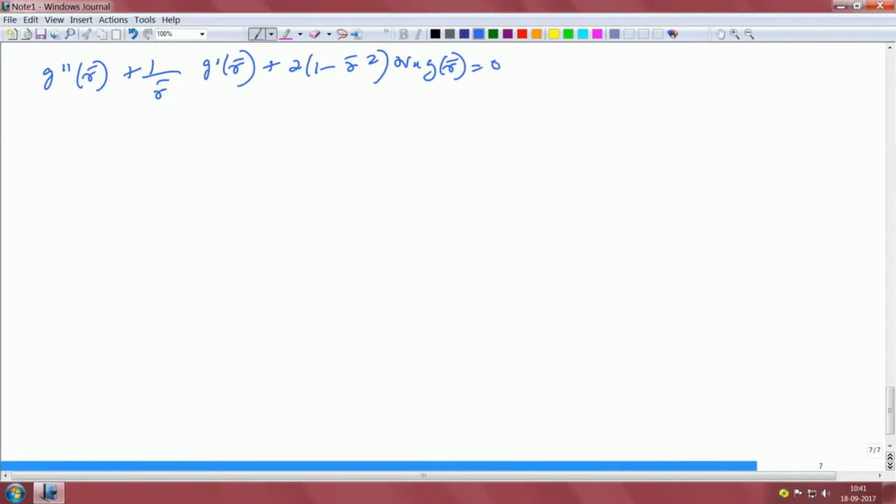We need several boundary conditions. So G prime bar is equal to 0 at R bar equal to 0. Why will that be the case?